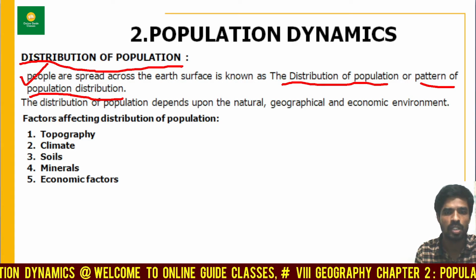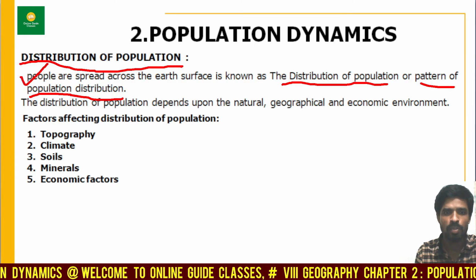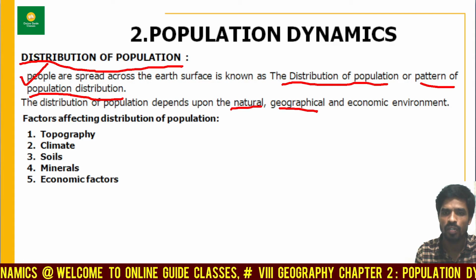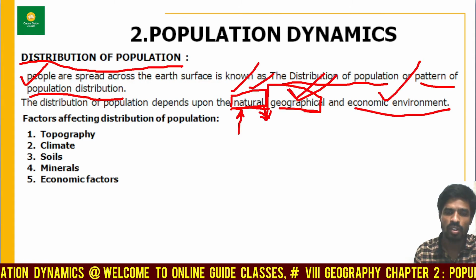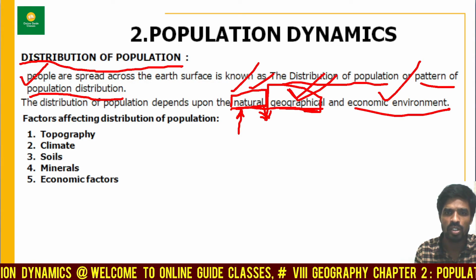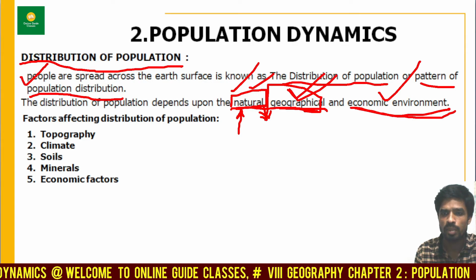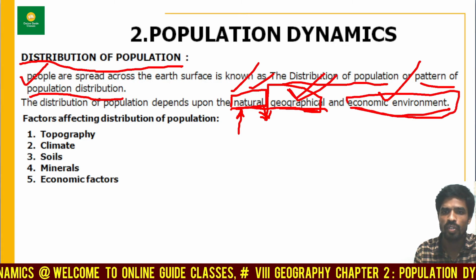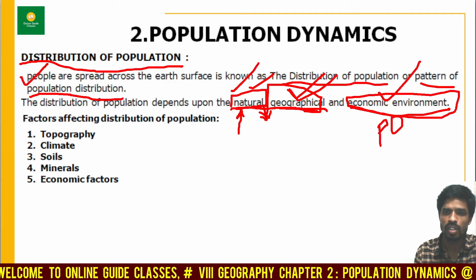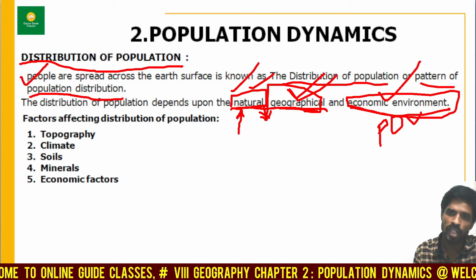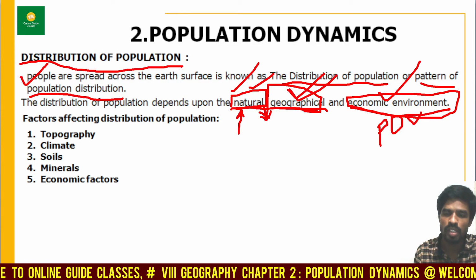Please remember this point. The distribution of population depends upon natural, geographical and economic environment. Even geographical locations and landforms are included, and economic activity depends on the progress or development of oneself. To remove poverty, a person might migrate to different parts of the world.